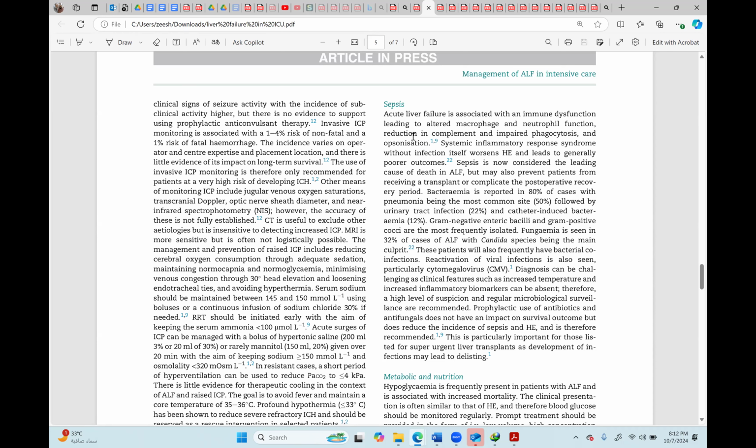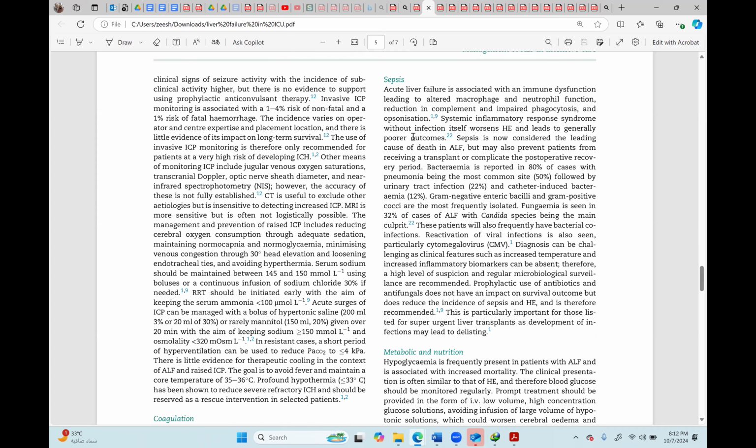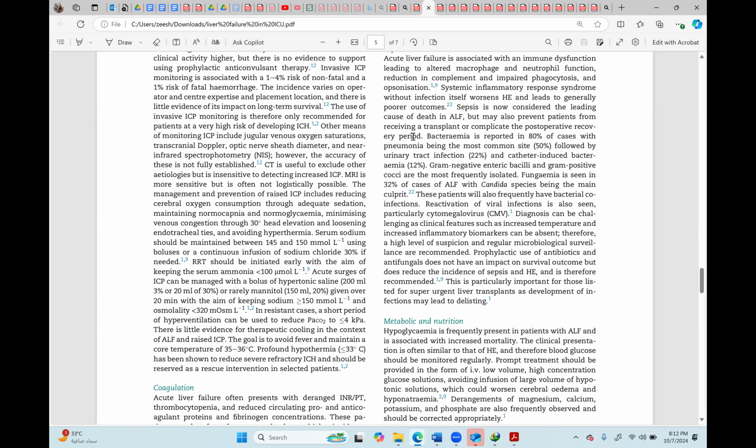And maintaining serum sodium between 145 to 150. This I doubt. I don't know what the reason for it is. And continuous infusion of sodium chloride. This is wrong. This is not 30%. It's 3%. This is a hypertonic saline. Corrected. It cannot be 30%.